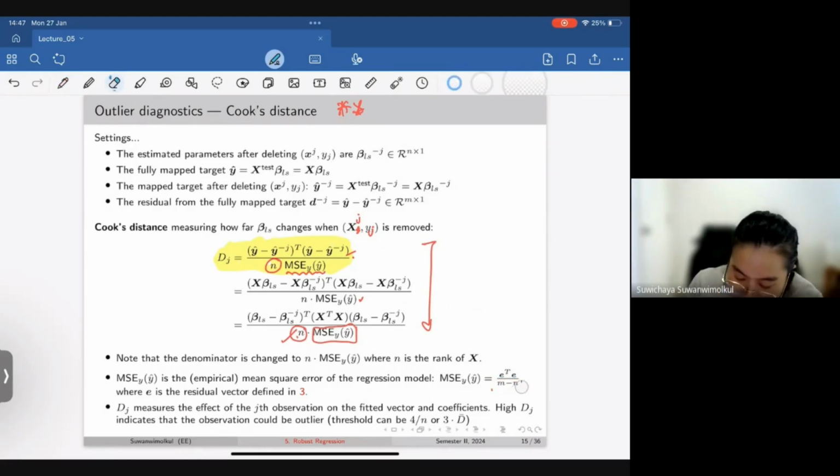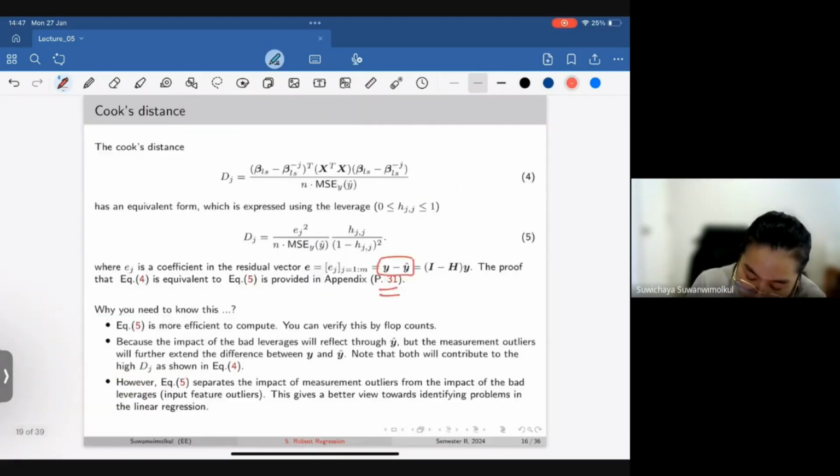I'm not sure yet for the entire reason, but as I checked the formula, this is the correct formulation where they have n here, and that was m minus n, and this one is actually the prediction and the measurements.